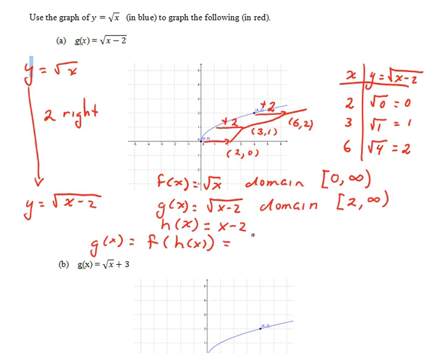So g is the composite function of f with h. Here h is called the inner function. It's the one that acts on x first, and an inner function affects the x values, and in this case affected the domain, you'll notice.